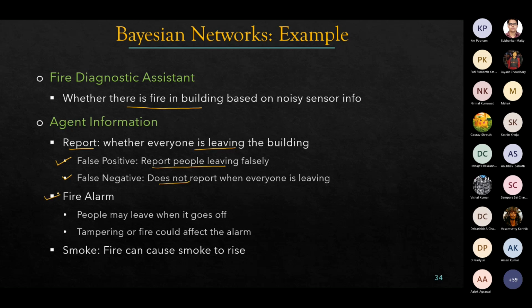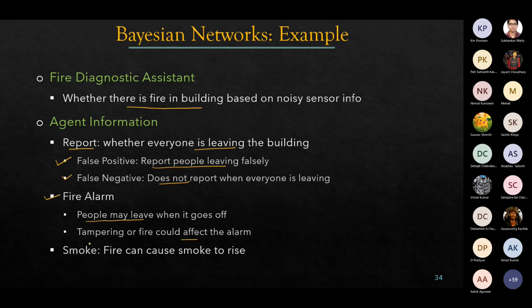There is also a fire alarm which goes off when many people leave together. This is the characteristic of the fire alarm. And also, if there is tampering or there is a fire, then it can affect the alarm.